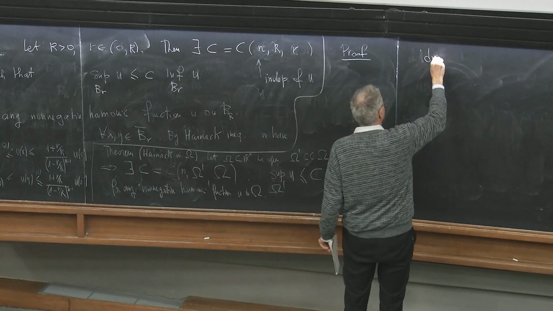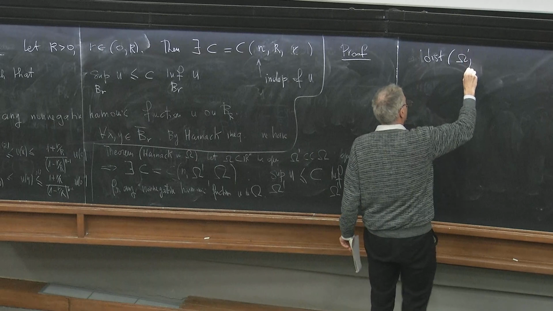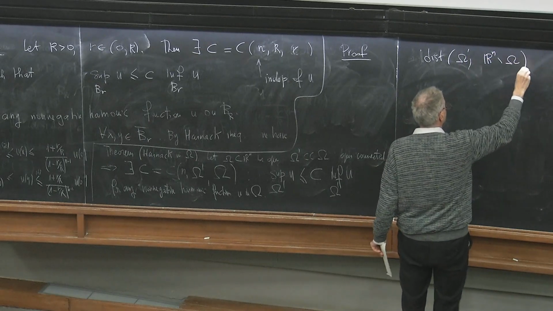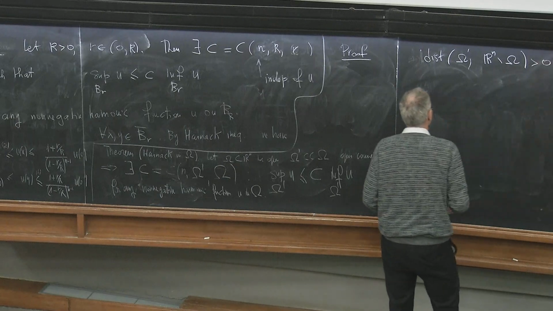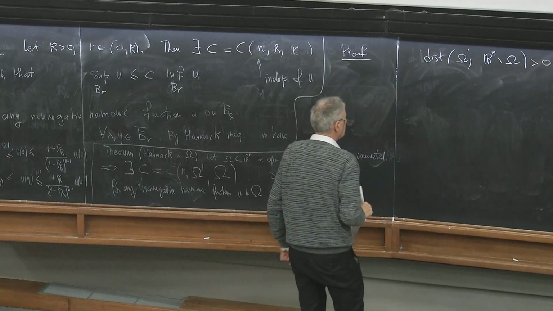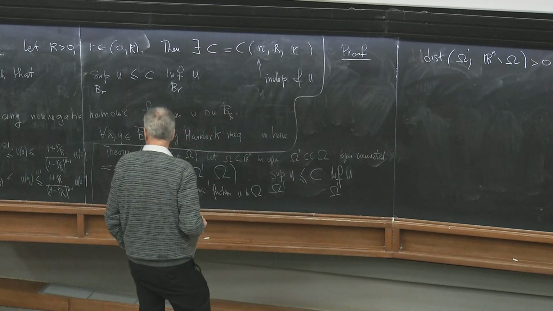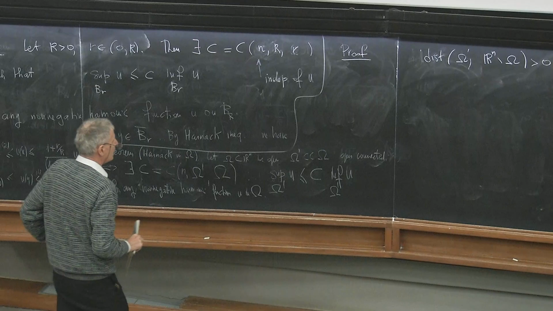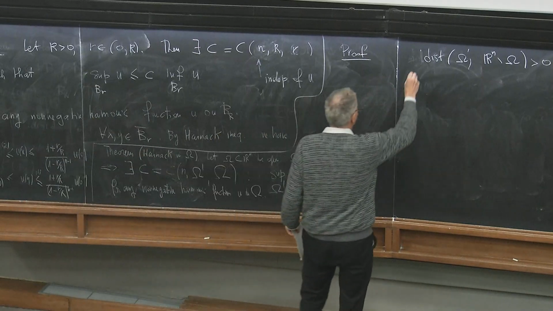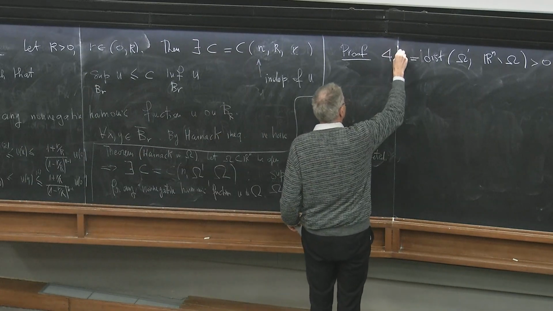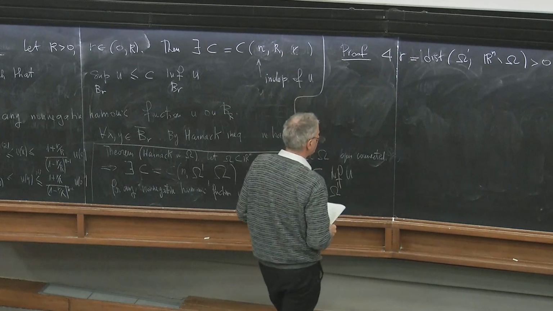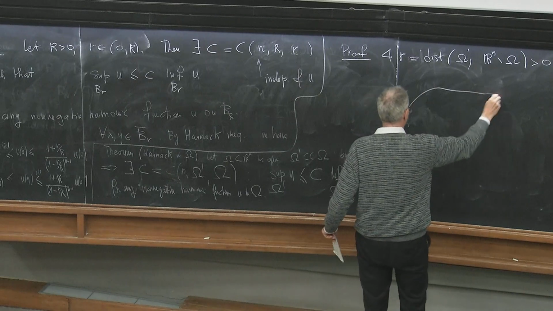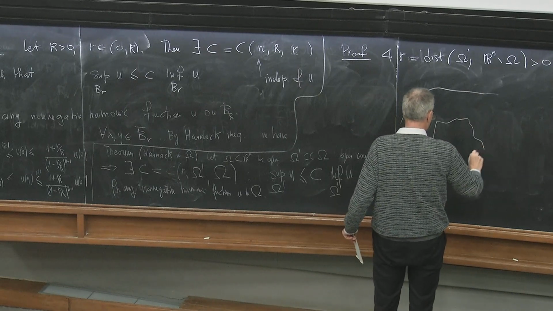The distance between omega prime and the complement of omega is positive. Positive, okay? Distance is positive, and let me call it 4R, just as a notation. So this is my omega, this is my omega prime.